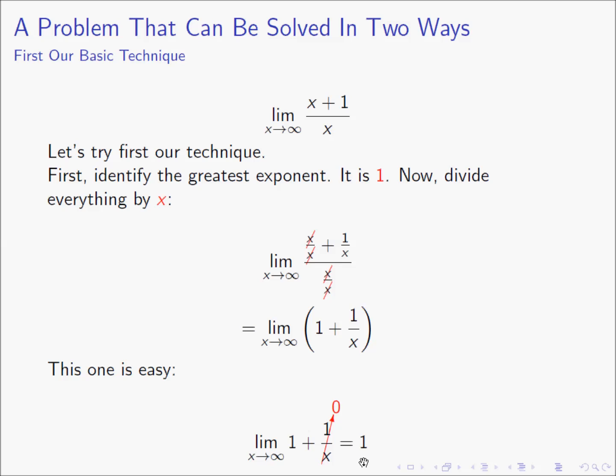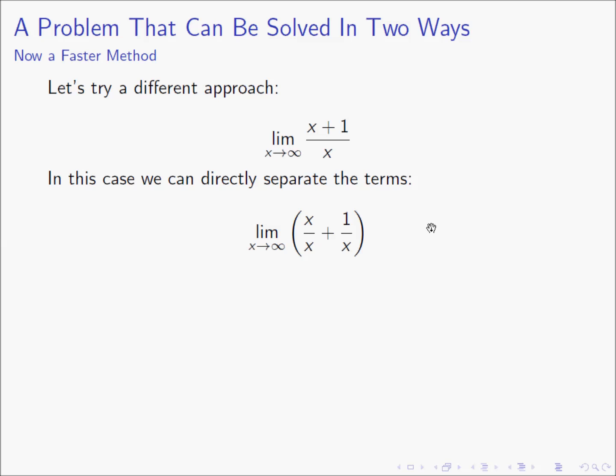Now there is an alternative method for solving this limit. We can directly write this algebraic expression as the sum of these two terms, like this. This is just a sum of fractions. And we can cancel the x, and we get the same expression that we got before.